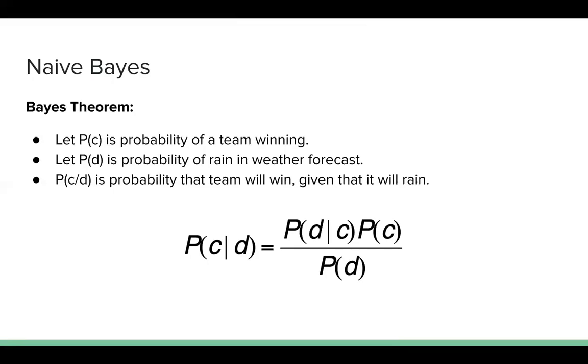P of D is the probability that it will rain, and P of C by D is the probability that the team will win given that it will actually rain.